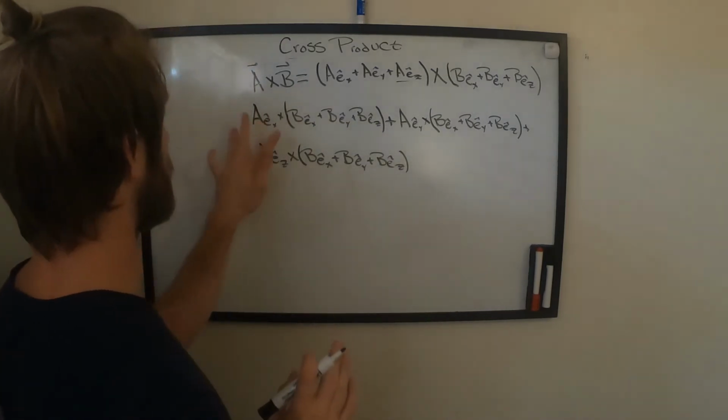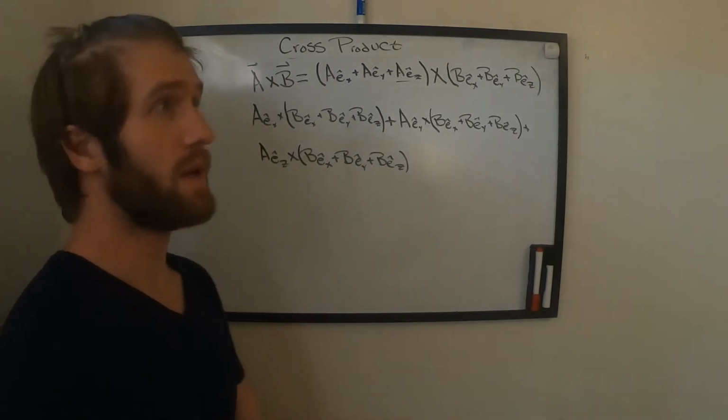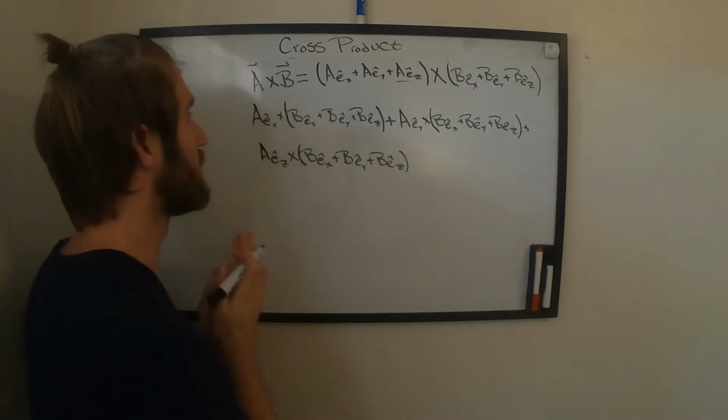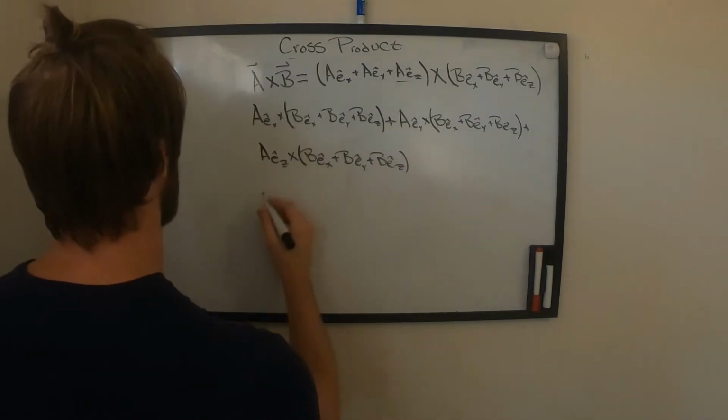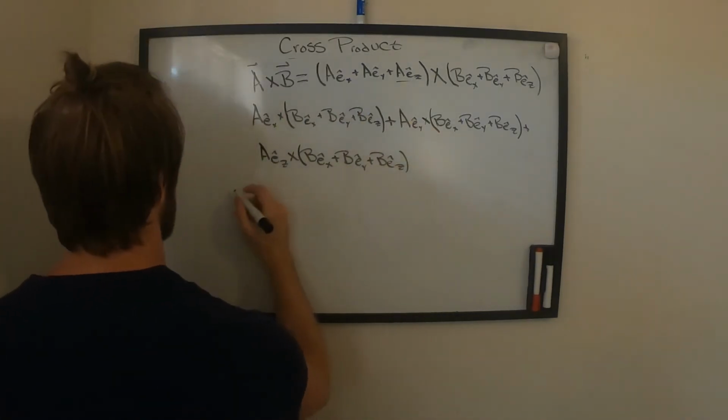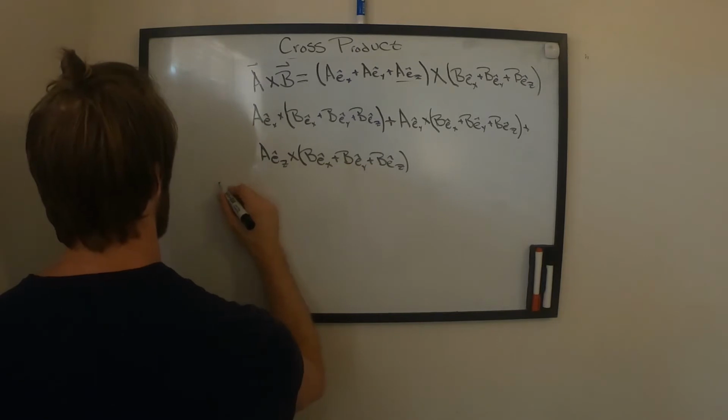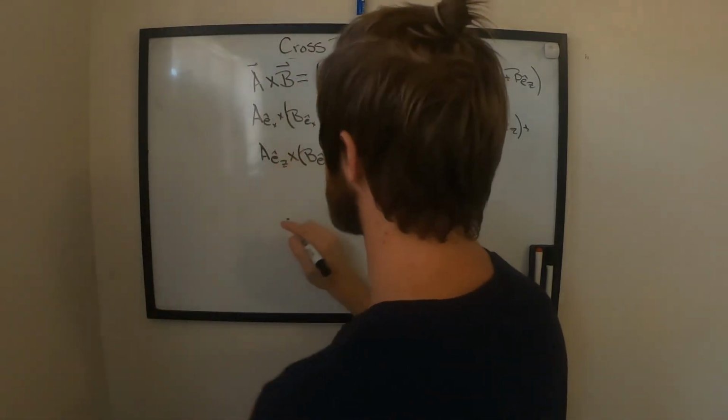So what I'm going to do is I distribute these across. I'm going to put the A and B terms together and then factor out our unit vectors, and then we'll go from there. So starting with A, I'm going to try to move over here so you have some room to see.